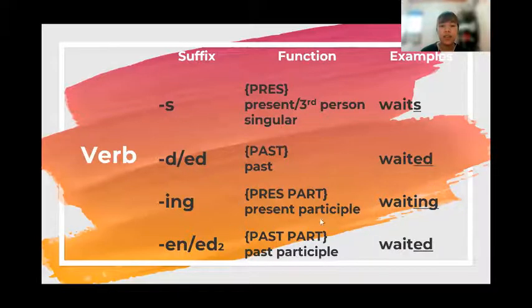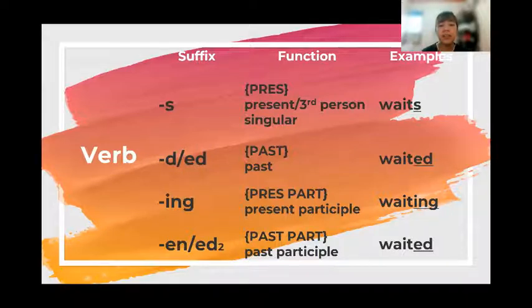Next, for your present participle, so another form, kumbaga, or another way of forming your present tense, na ing, basta present participle, just remember that it's ing. Usually, it's your auxiliary verb plus your ing for present participle. So for example, wait plus your present participle, waiting. So for example, she is waiting in the car right now.